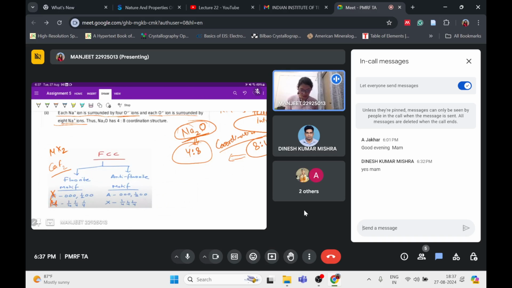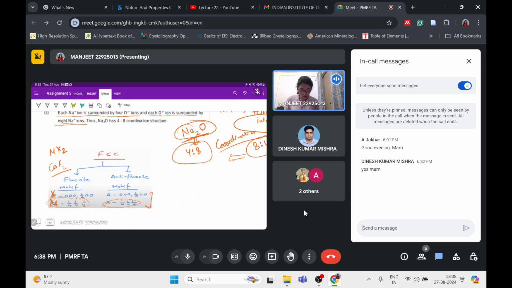In the anti-fluoride, the A atom will occupy 0 0 1/2 1/2, because here you can see their positions are exchanged. Whatever they had for M, now they have for X, so they have interchanged their positions.